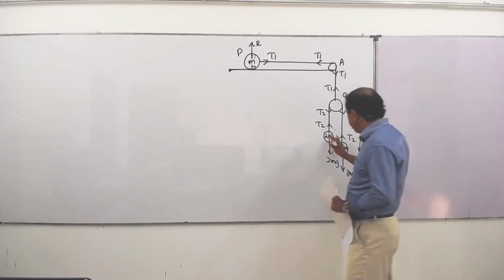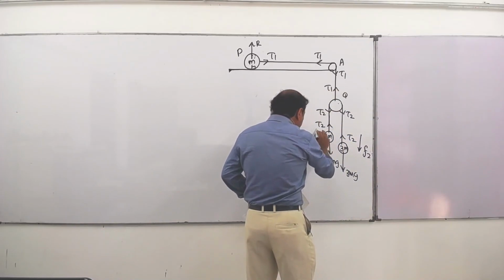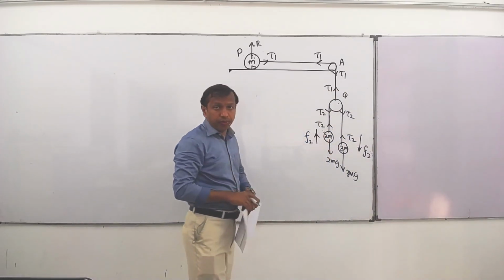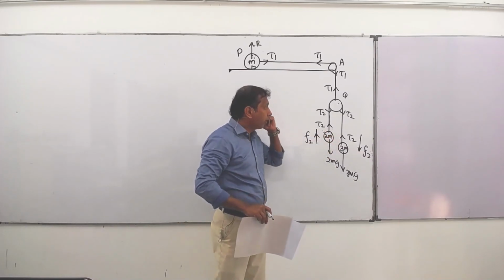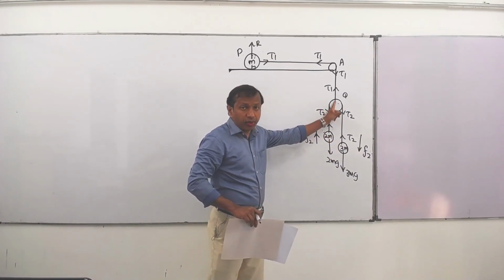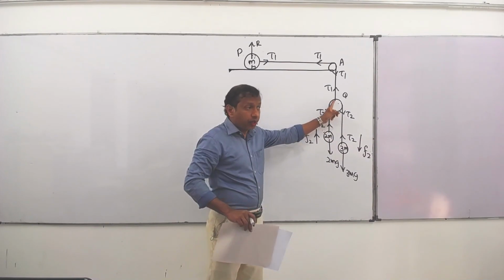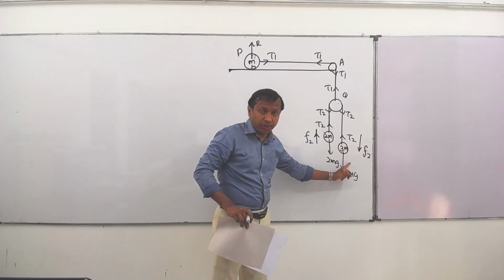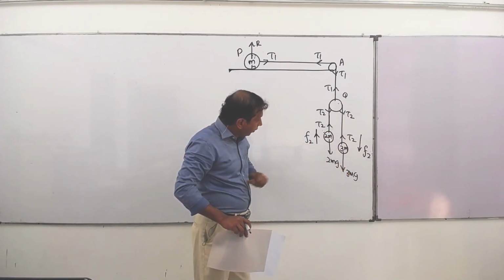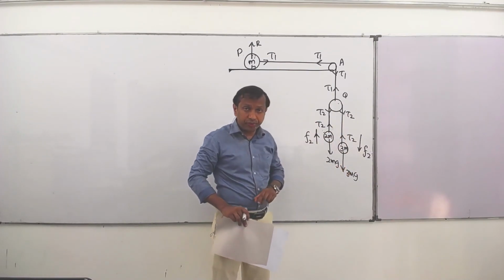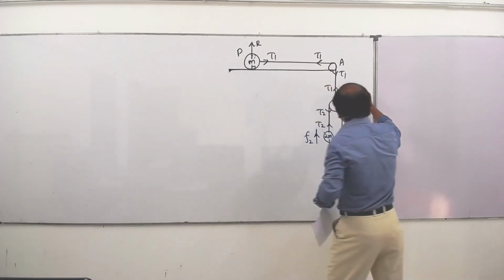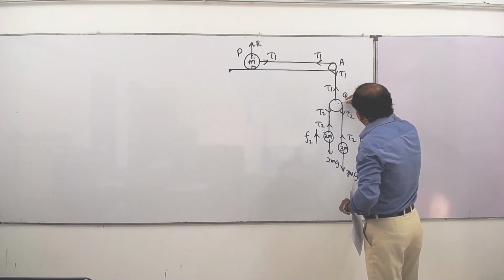So this end 2m should move upwards with acceleration f2 because the string is inextensible. Then this fly on the pulley Q notices 3m moving downward with acceleration f2, 2m moving upward.